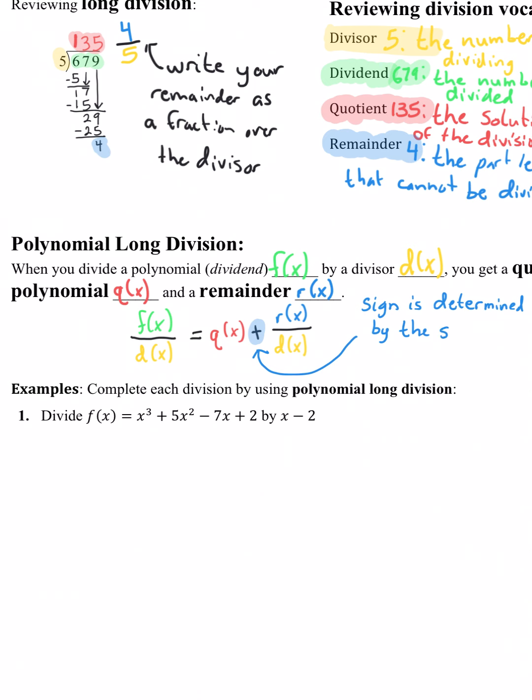Sometimes you can have a negative remainder in polynomial long division. Okay. So the sign is determined by the sign of the remainder.